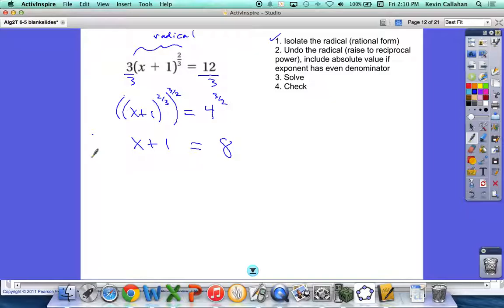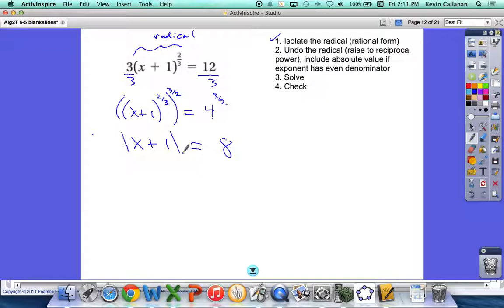But when we did that, what kind of a radical was that? When we raised to the 3/2 power, what would have been the index of that radical? The 2. It would have been a square root, right? And what do we know? We're supposed to assume that the square root is positive. So to make sure that this x plus 1 that we just took out of a square root is positive, we have to put it in absolute value.